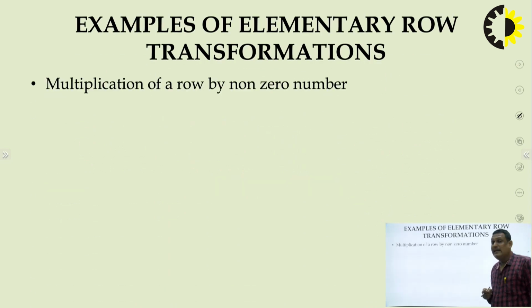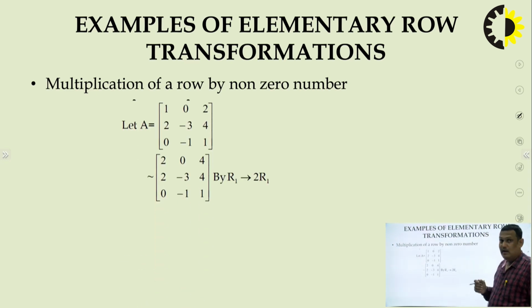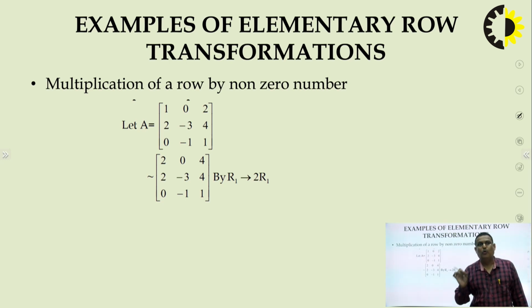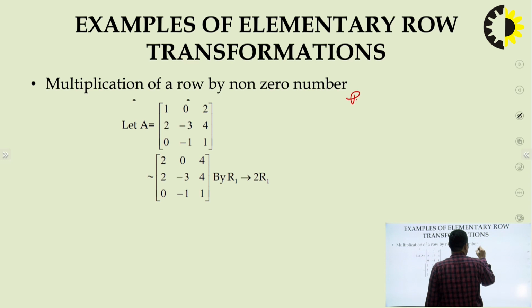Multiplication of a row by a non-zero number, any non-zero number: how is it multiplied in a matrix? Just see, let A equal 1 0 2, 2 minus 3 4, and 0 minus 1 1. If we have to multiply by 2 any row, say R1, we just focus on R1.